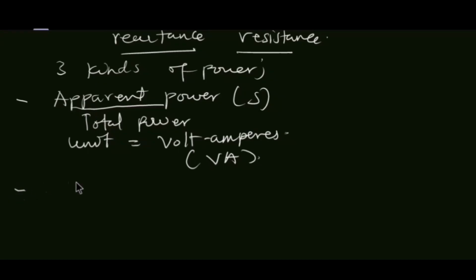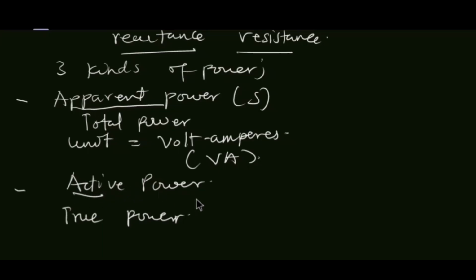The second type of power we have is what we call the active power. Active power is what we call the resistive power or the true power in our circuit. So when you are dealing with an AC circuit and you see the word power, then they are referring to the active power.